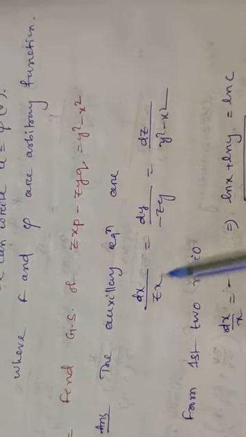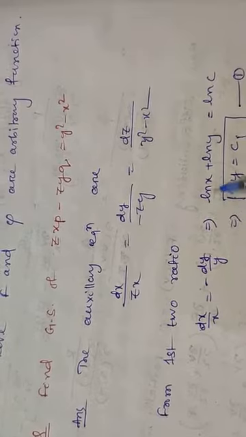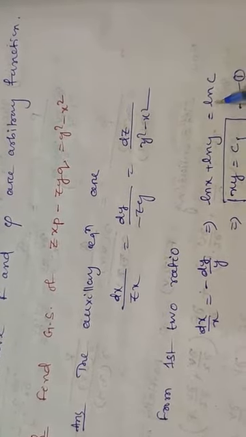So in this way we get the Lagrange auxiliary equation. From first two ratios, z is cancelled out, so we get dx by x is equal to minus dy by y, or dx by x plus dy by y is equal to 0. Now integrating that, we get ln x plus ln y is equal to ln c.